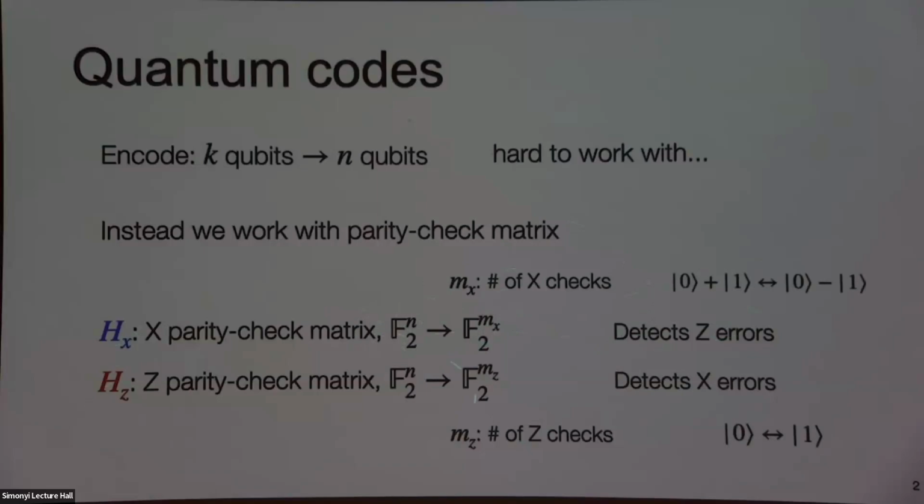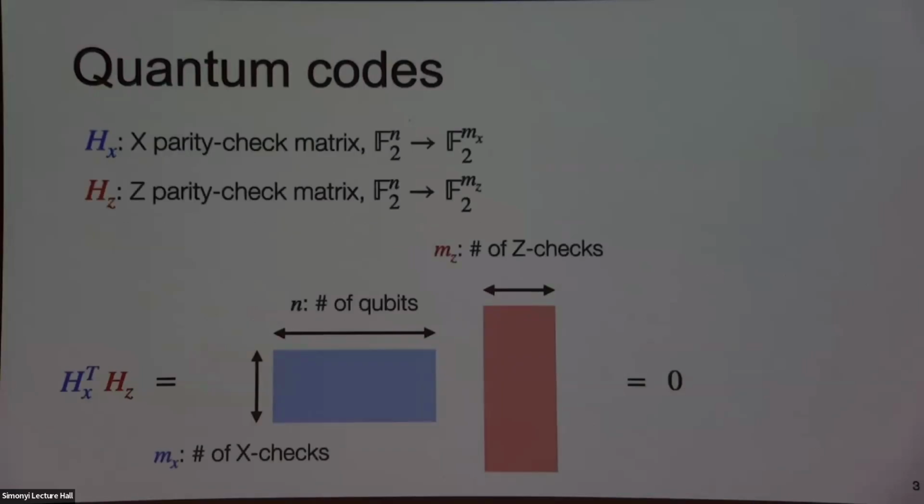The X error is the usual bit flip, flipping between 0 and 1. But the Z error is a funny quantum error, a phase flip, which changes the plus sign to the minus sign. These parity-check matrices have to satisfy a condition: HX transpose times HZ has to be equal to 0.